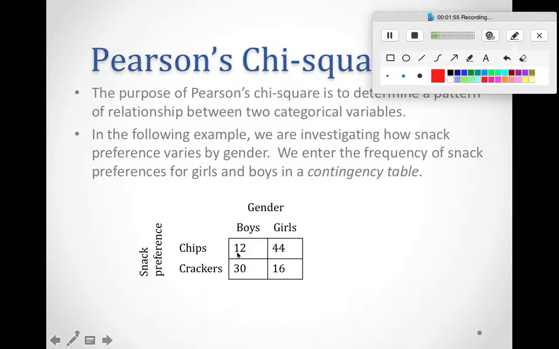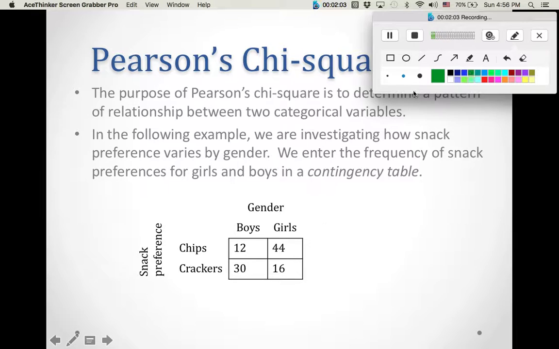Our directionality here is that boys preferred crackers over chips, and girls preferred chips over crackers. So we're seeing the directionality there in the form of preference. If we look back at our hypothesis here, let's just mark this. We were investigating how snack preferences vary by gender. So we're seeing some variation here.